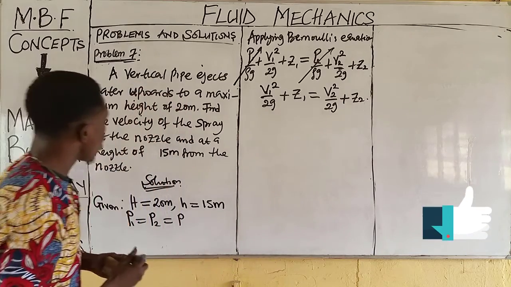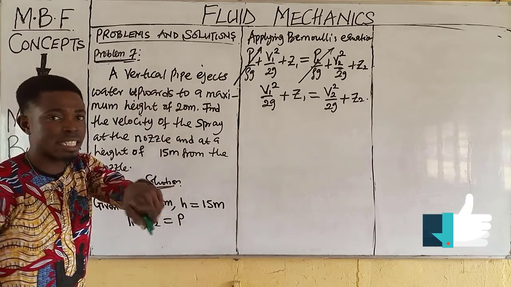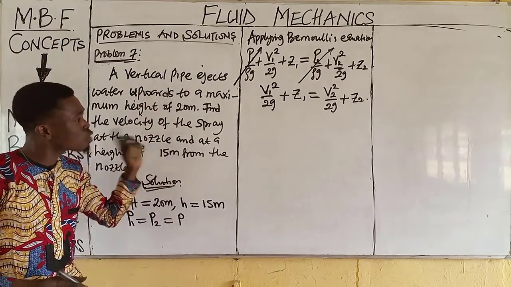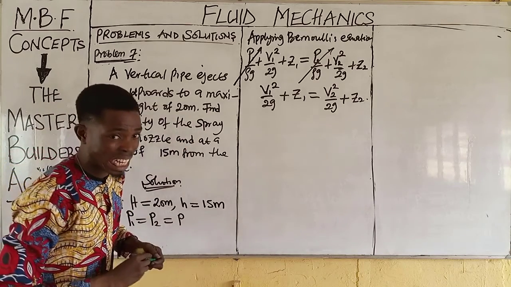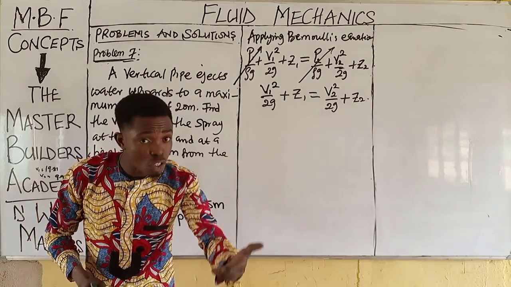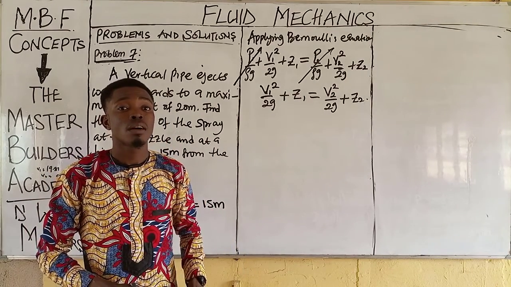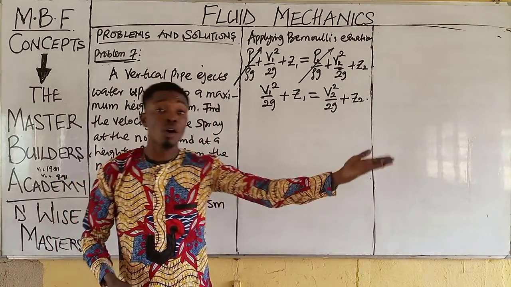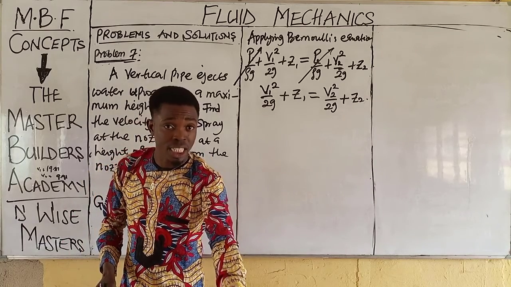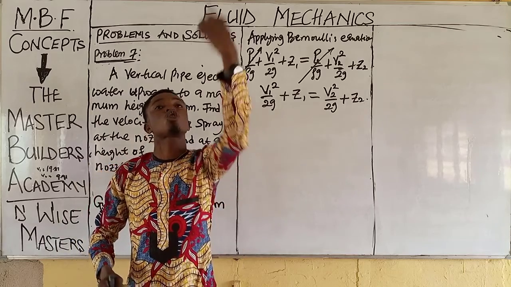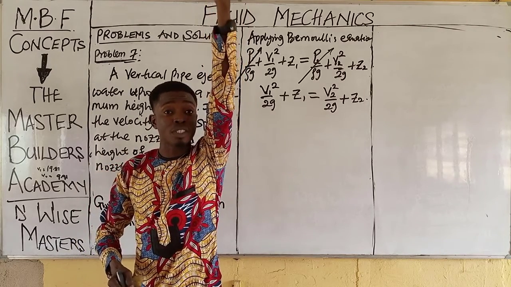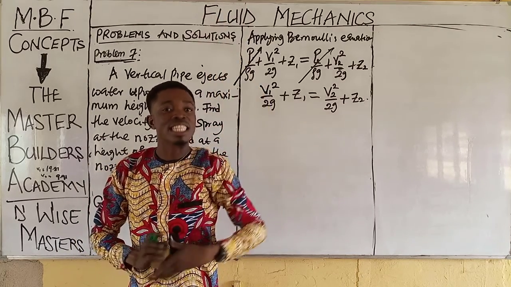Now, we want to work at maximum height. Listen carefully. The first height we are given is 20 meters. At maximum height, final velocity is 0. It was projected from a point which we call point 1, the initial point. The other point is the final point. Understand that anytime you throw up an object vertically upward, final velocity is equal to 0.